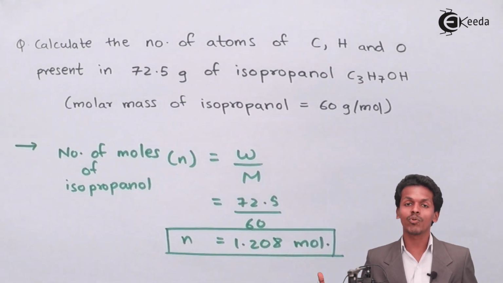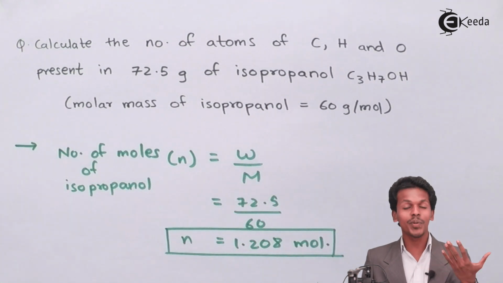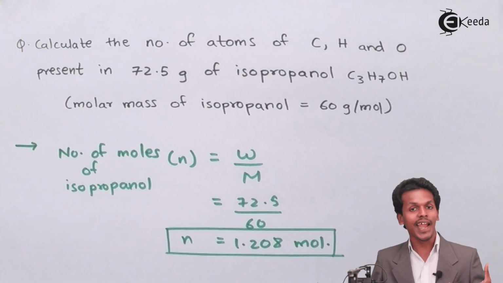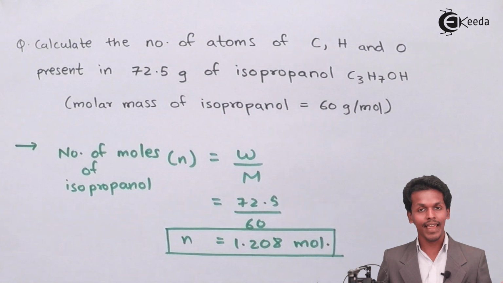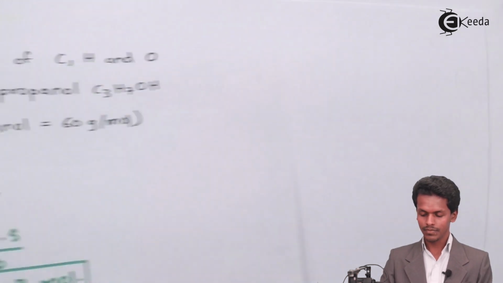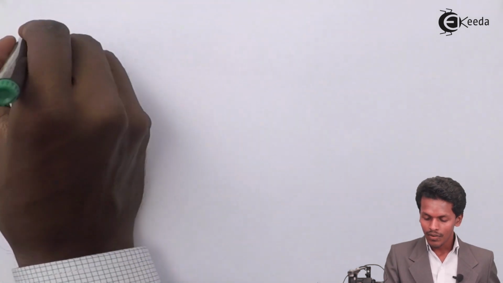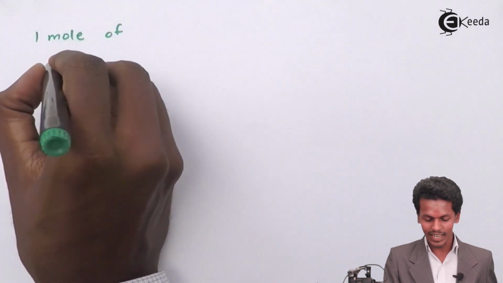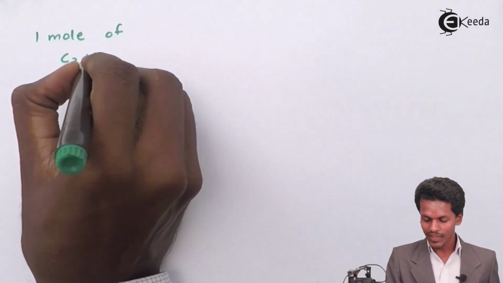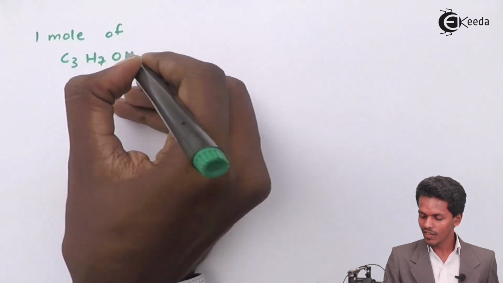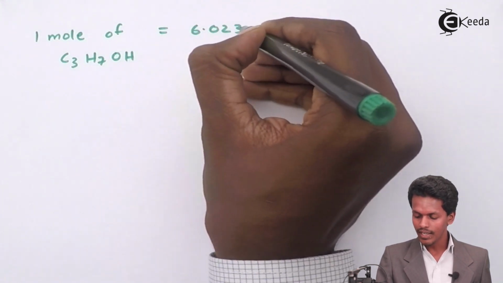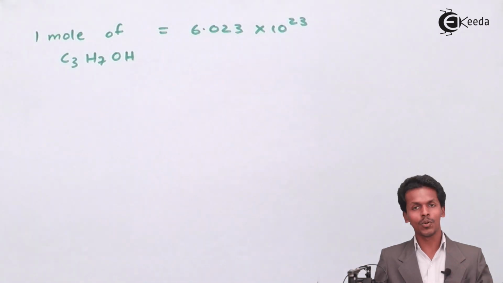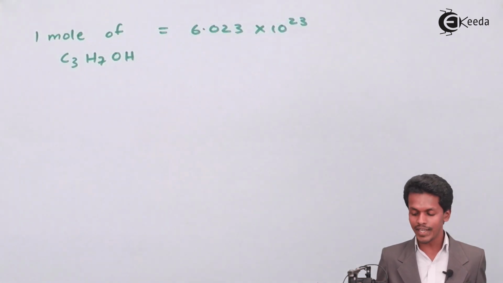Based on this, we have to calculate the number of atoms of carbon, hydrogen and oxygen in it. We know Avogadro's number: 1 mole of any substance, in this case 1 mole of isopropanol, C3H7OH, will contain 6.022 into 10 raised to 23 particles.